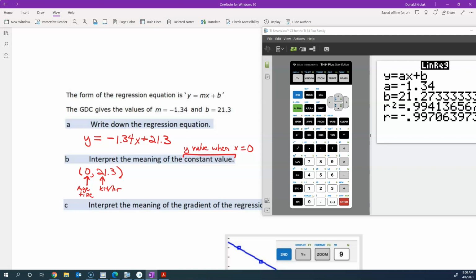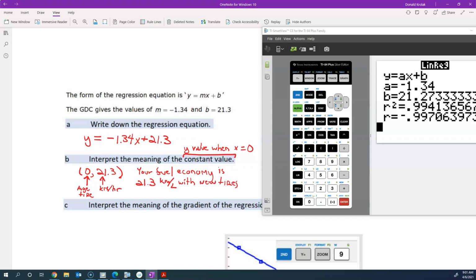So when your tires are new, you're going to get 21.3 kilometers per liter.